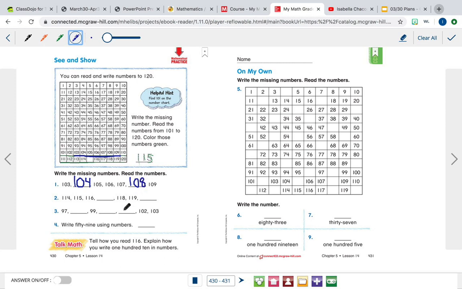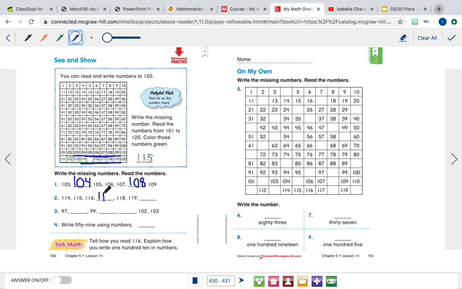Okay, now let's see. We're going to find 114 all the way to 119. So let's find 114. Here it is. Here's all the way to 119. So 114, 115, 116. What happens next? 117.